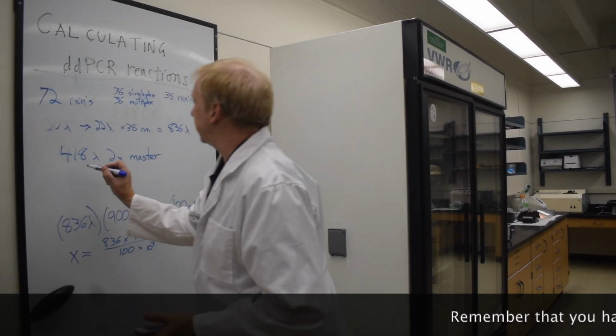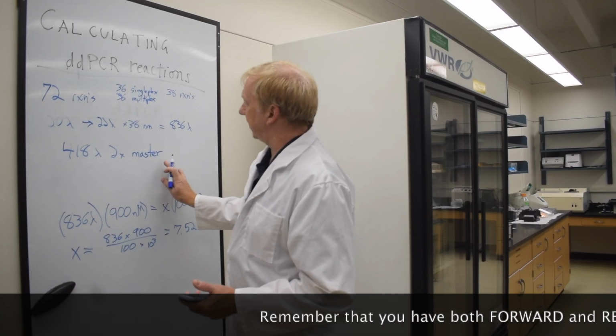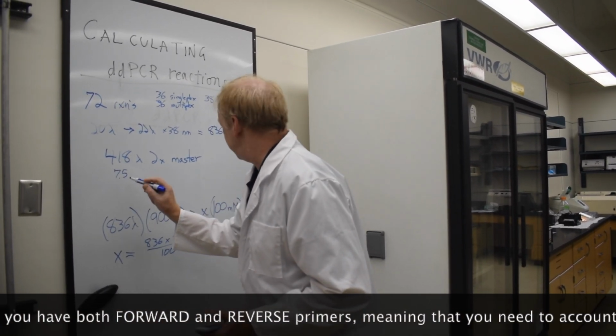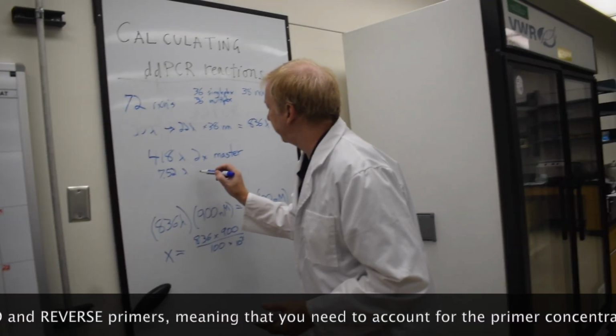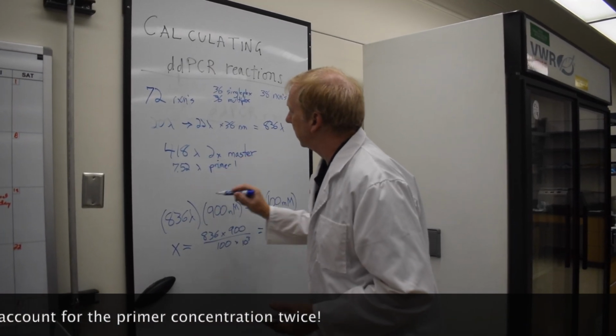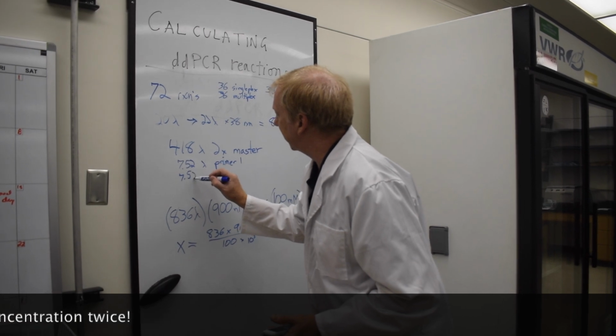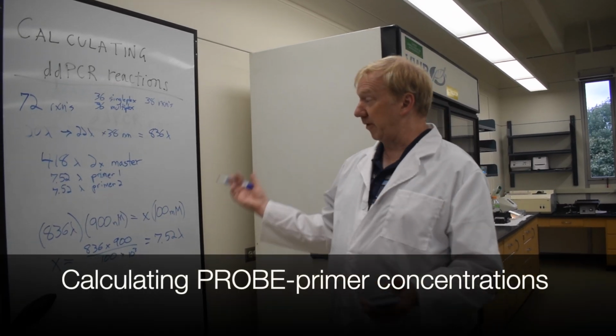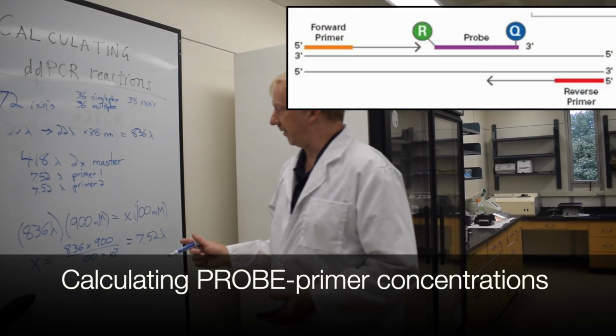So each reaction will have 418 microliters of the master mix, 7.52 microliters of primer 1, 7.52 microliters of primer 2, and then now we want to calculate how much of our probe there is.